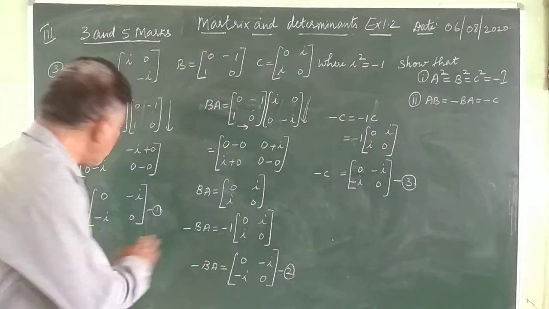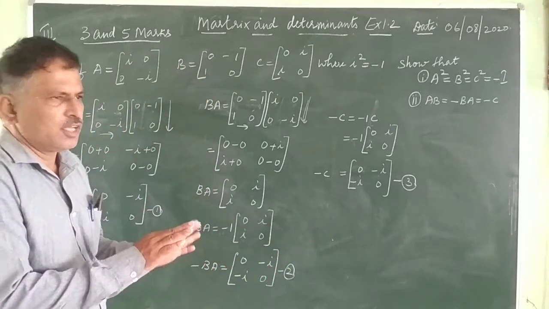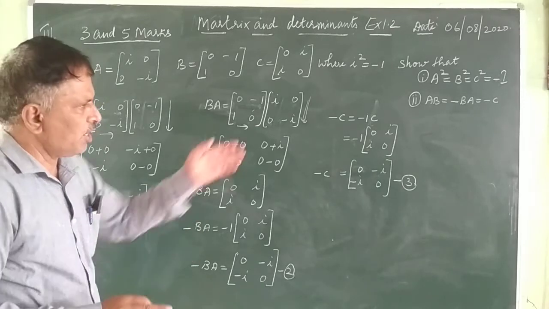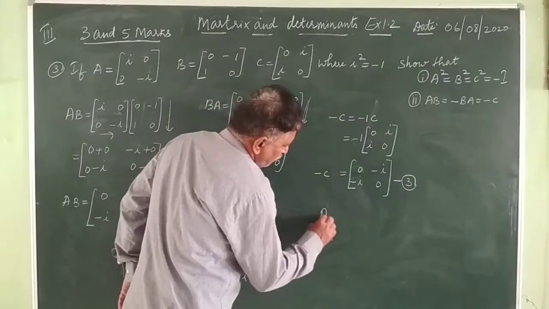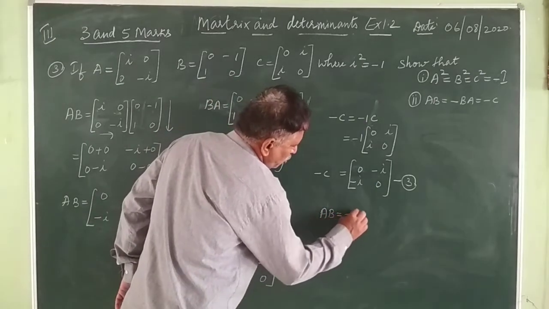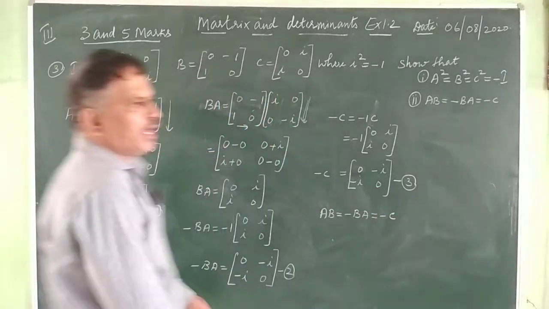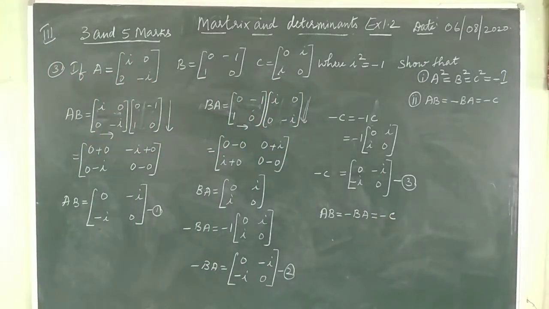That means all the three matrices, AB matrix, minus BA matrix and minus C matrix, all are equal. So therefore, I can write AB is equal to minus of BA is equal to minus C. Hence, this is proved. Yes, please note down this one.